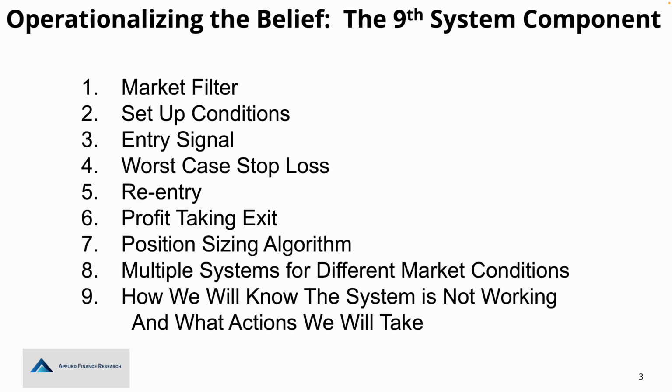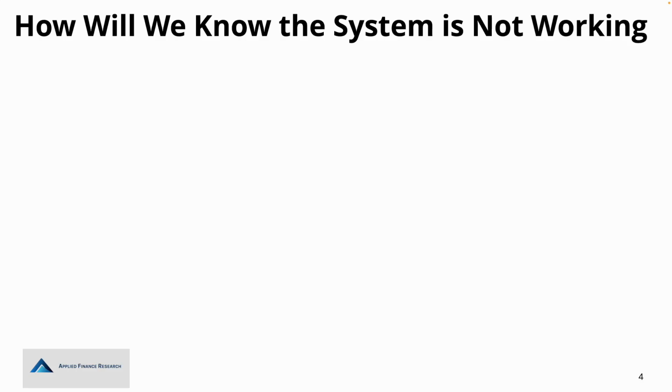So let's dive into both of these elements, how we will know the system's not working and what actions we'll take. And for each of these elements, let's take a look at the rules themselves, tactically speaking, and the value of the rules, the edges that these rules create. So first of all, let's look at how will we know the system is not working.